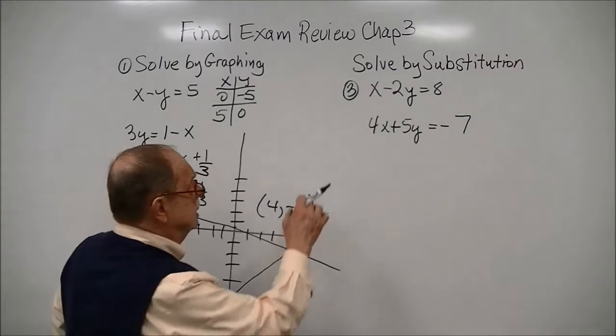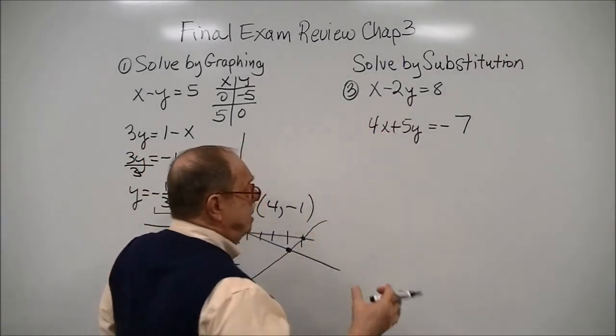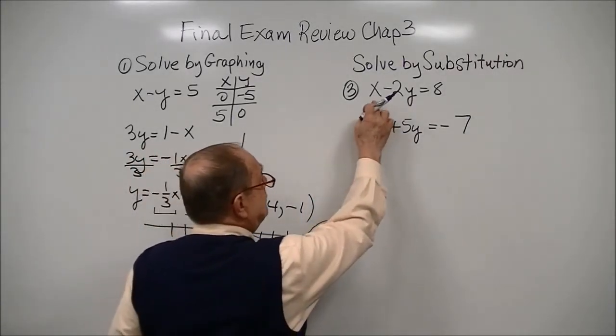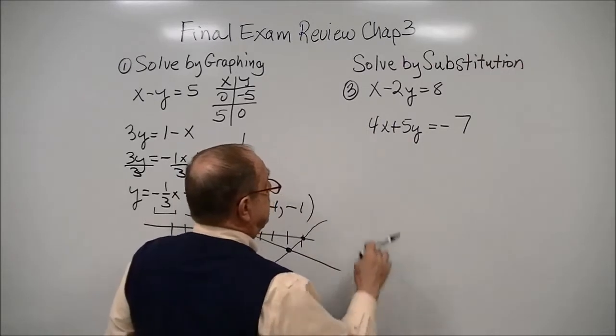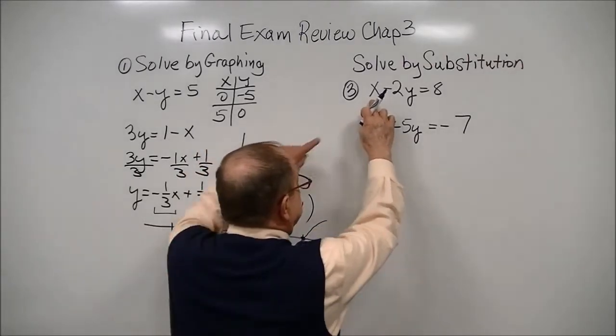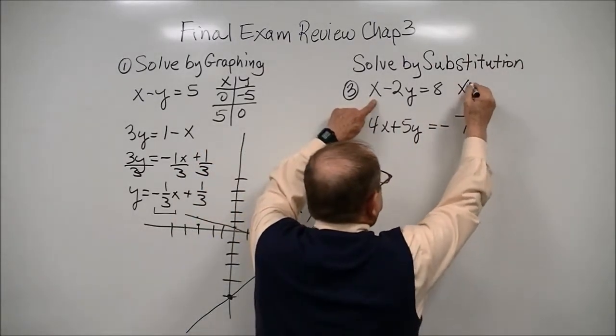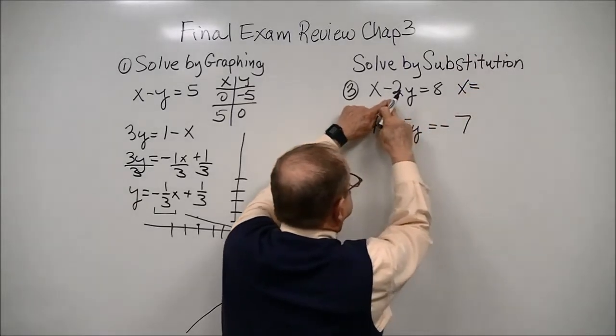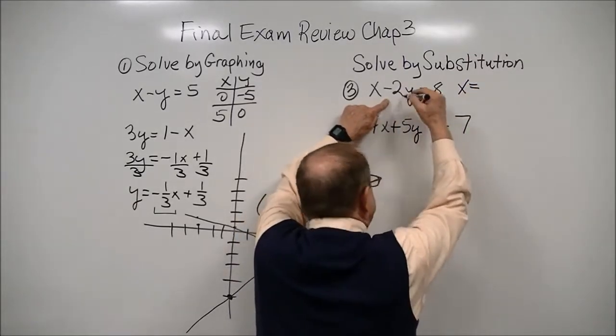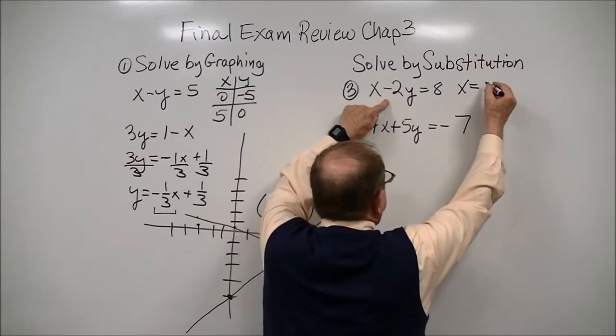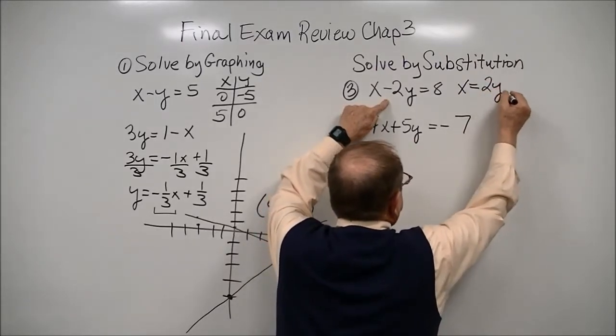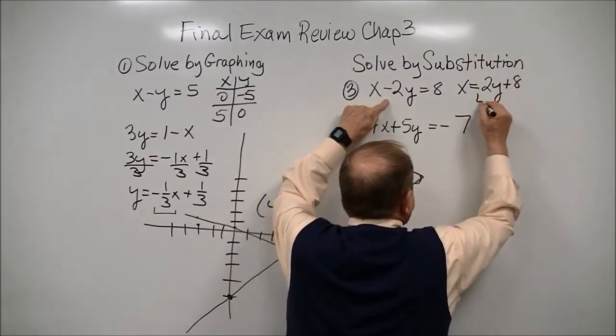And here, the pattern is to solve for one of the letters. So if I solve for x here, x will equal, I'll transpose the negative 2y over to the other side, it becomes a positive 2y plus 8.